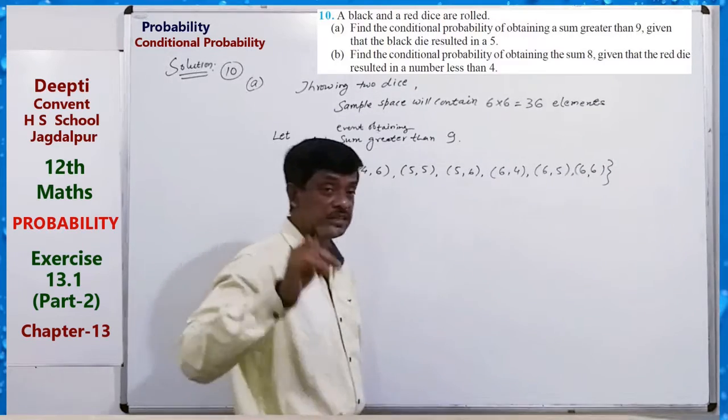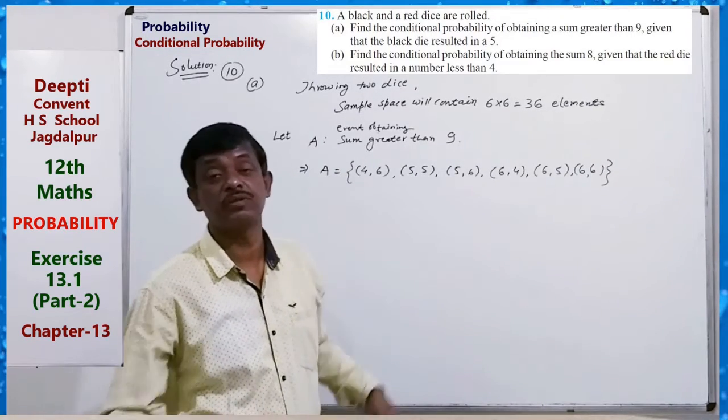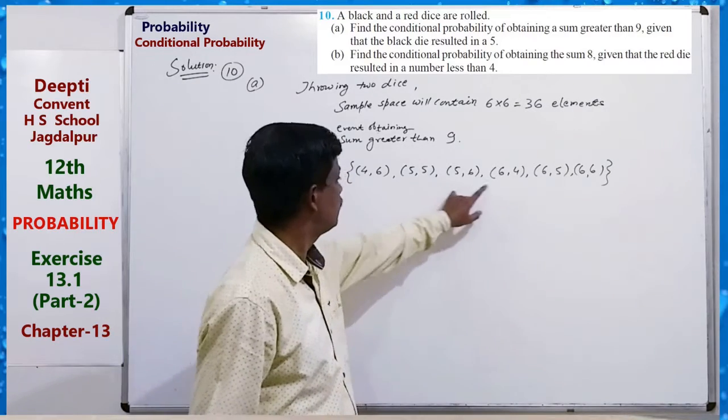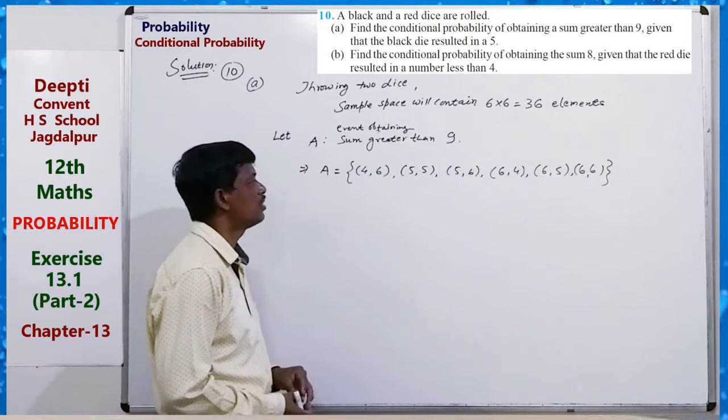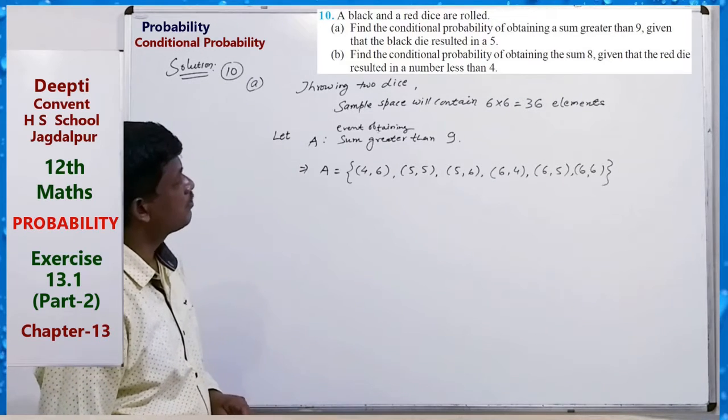Here in this combination, the first is from black, the second is from red. So 1, 2, 3, 4, 5, 6 elements are there: 6 6, 6 5, 6 4, 4 6, 5 5, 5 6.